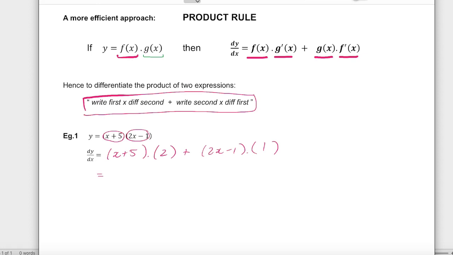We've simply done the differentiation. We can see that we can collect some like terms here, so we can neaten this up a little bit and recognise that we in fact get 4x + 9.